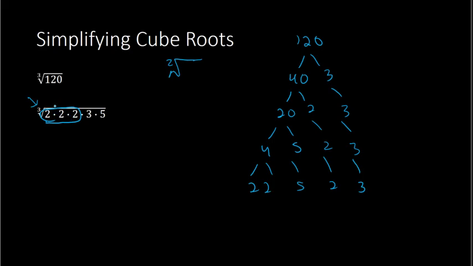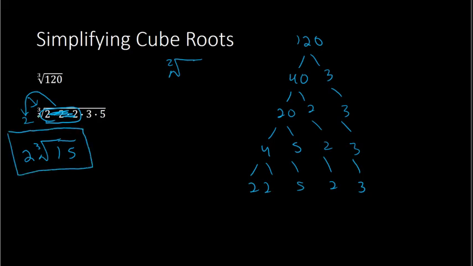So I have one group, so I pull out a 2. And then those are now gone on the inside. So I now have a 2 on the outside, a cube root of, and then 3 times 5, which is 15 on the inside. So my simplified form of the original radical is going to be 2 times the cube root of 15.